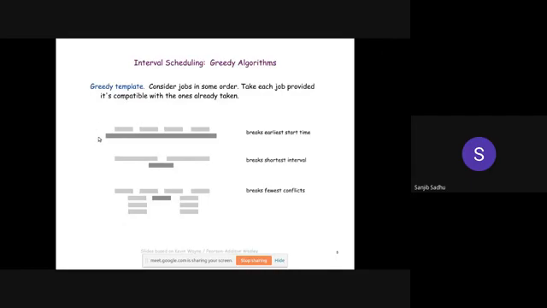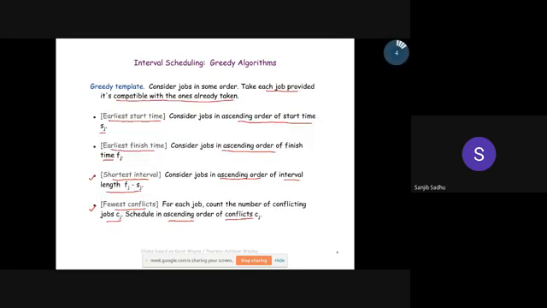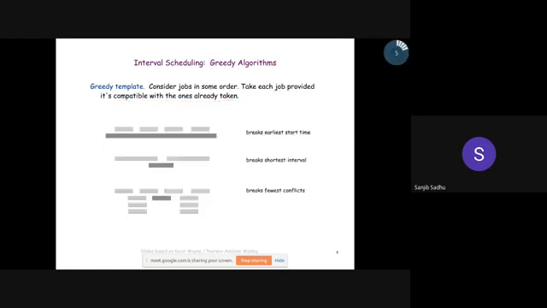So according to this, tell me, with earliest start time, how many jobs will be allocated the CPU if I use the ascending order of start time for this? Anyone?